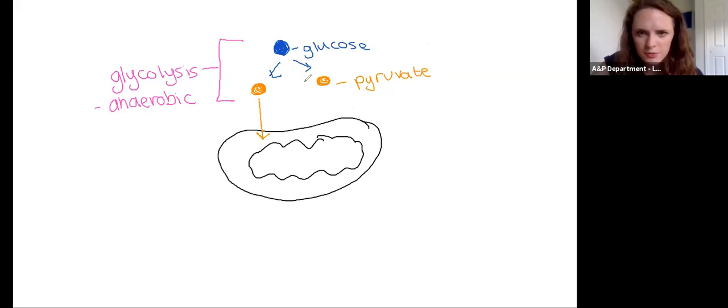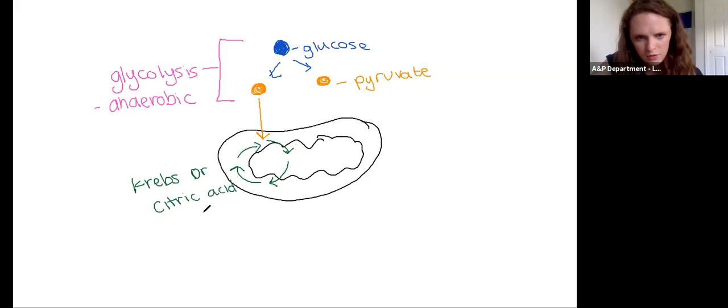Okay, so the pyruvate enters and goes through what we call the Krebs cycle, or also known as the citric acid cycle. So this is called your Krebs or citric acid cycle.